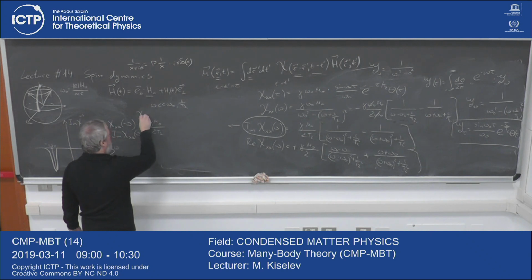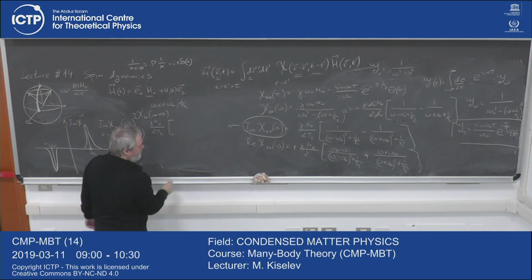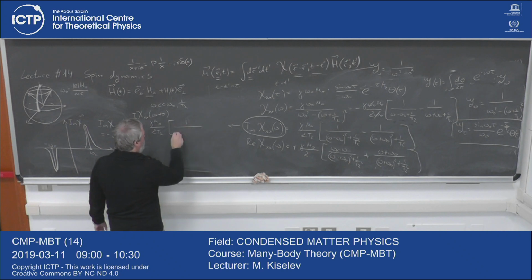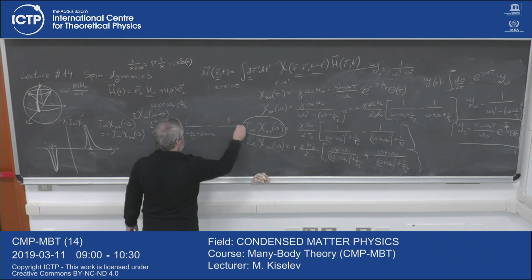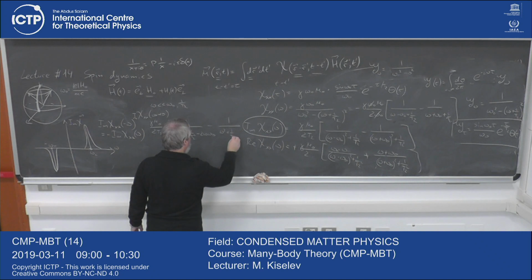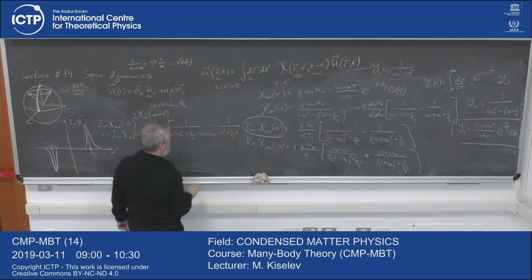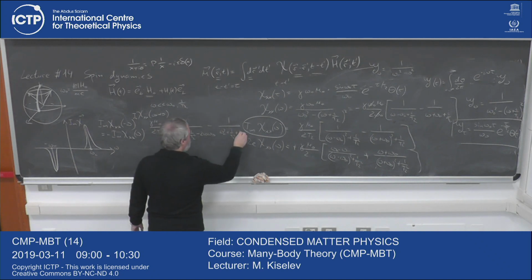So this is the imaginary part of chi xx, at omega goes to 0, times 1 over omega naught square plus 1 over T2 square minus 2 omega naught, minus 1 over omega square plus 1 over T2 square plus omega naught square, 2 omega naught.